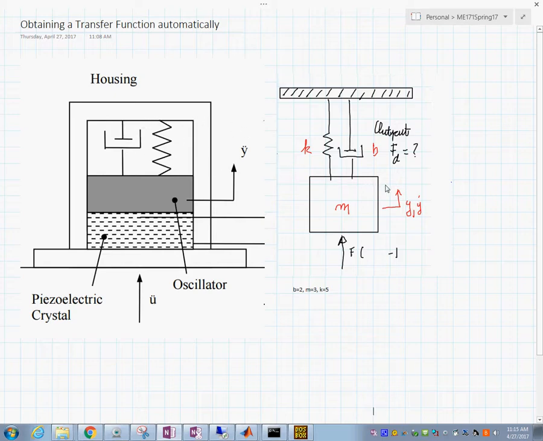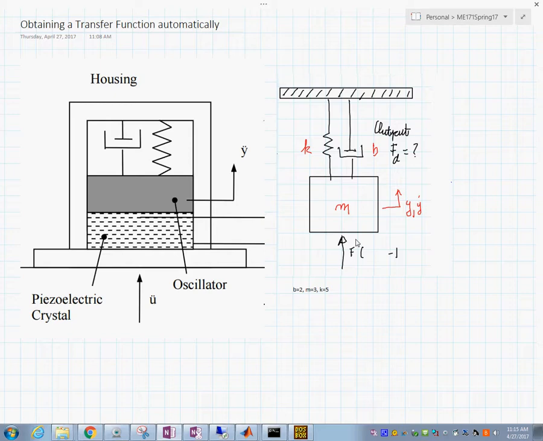So I have just taken that out of here and made it into an oscillator here in such a way that we will obtain the transfer function. So let's concentrate on the example that we have over here.